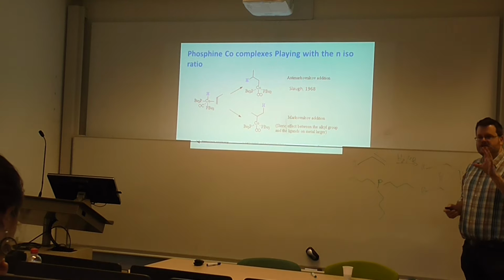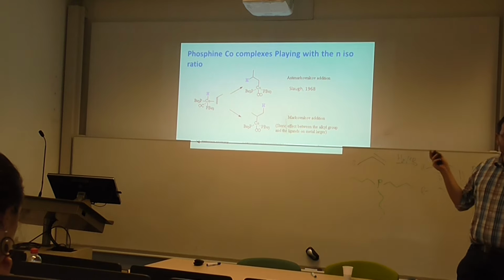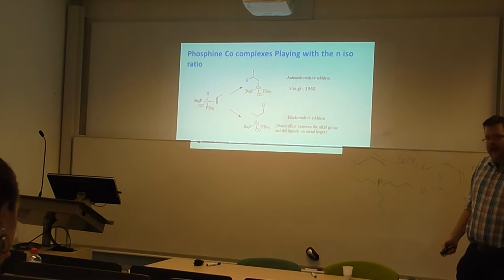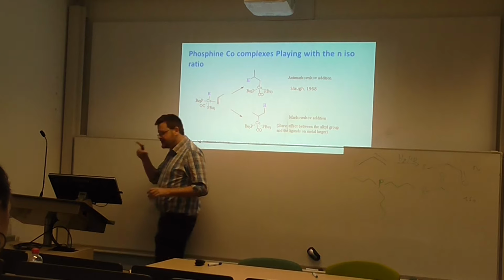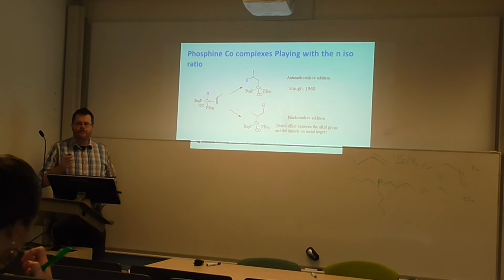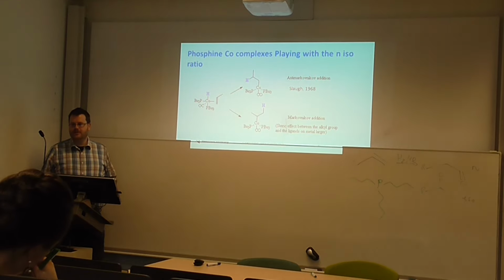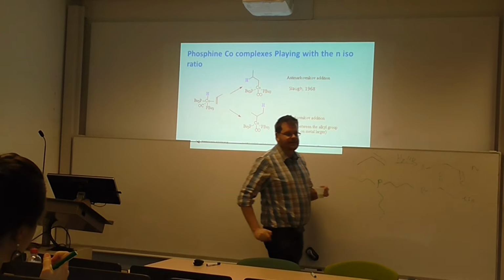So the structure that has the minimum steric pressure or interaction is in fact the top structure. And if in this intermediate, remember it's a catalyst cycle, we steer it so that we selectively get the top structure, are we going to end up with N or iso as the main product?